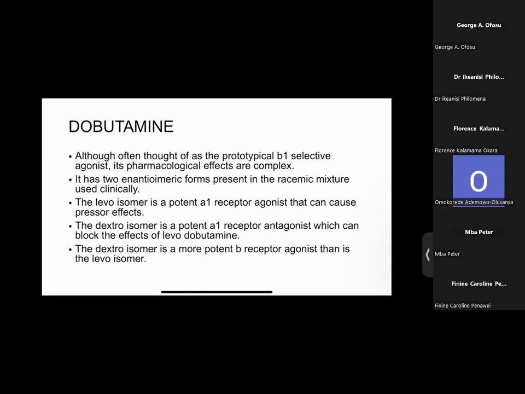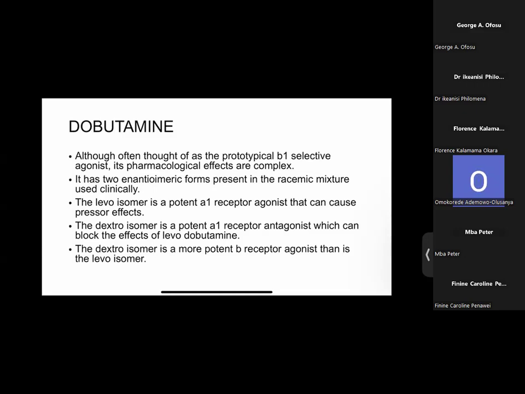The levo isomer is a potent alpha 1 agonist that has a potent pressor effect, while the dextro isomer is an alpha 1 receptor antagonist, which can also block the effect of the levo isomer. The dextro isomer is also a more potent beta receptor agonist than the levo isomer.